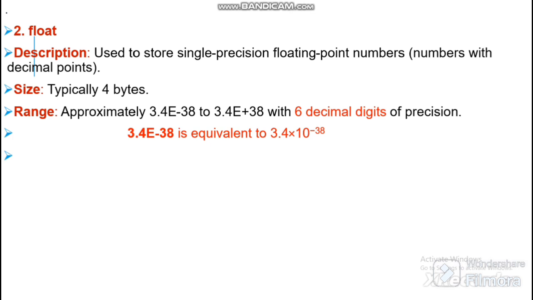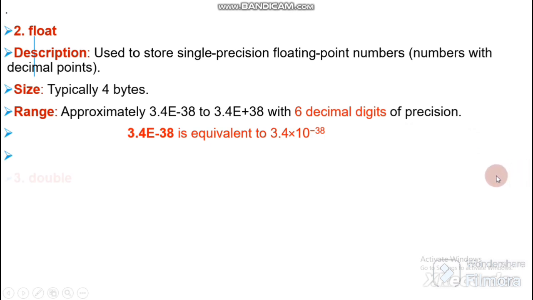I will explain what this 6 decimal digits of precision means while I am executing the code. 3.4 e to the power of minus 38 is equivalent to 3.4 into 10 to the power of minus 38. So 3.4 is the mantissa and 10 to the power of minus 38 is the exponent.